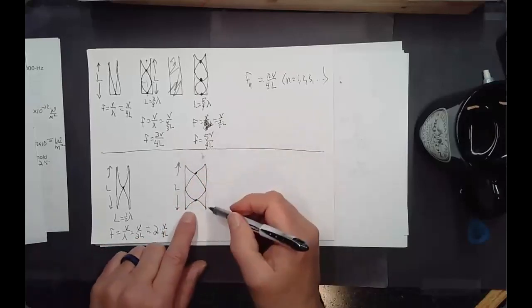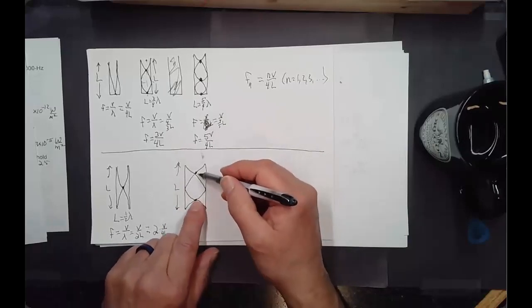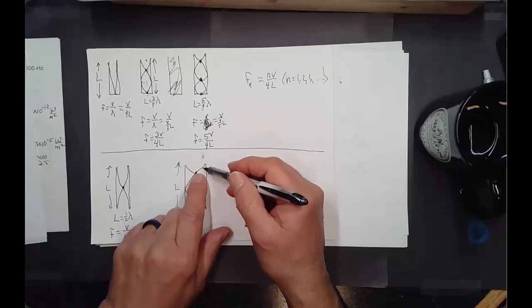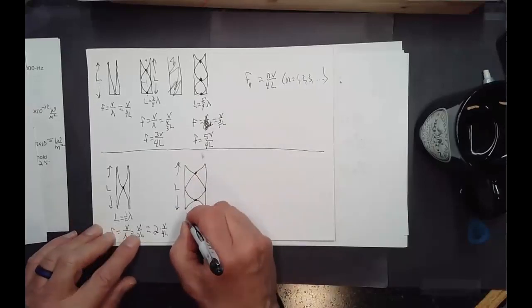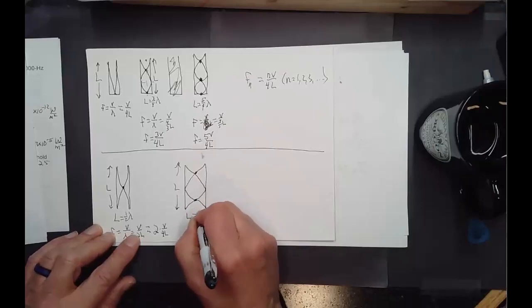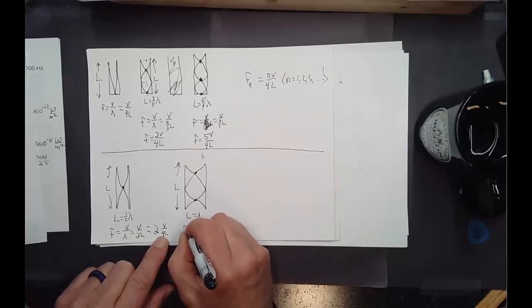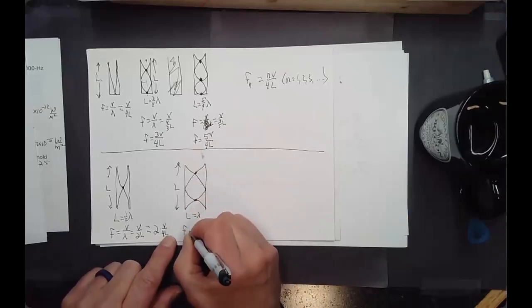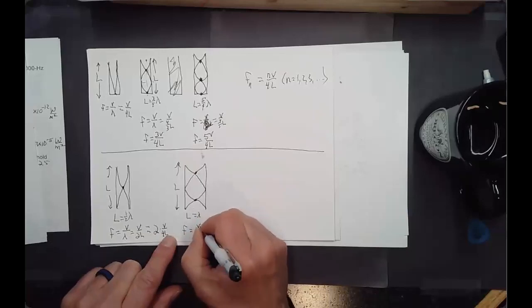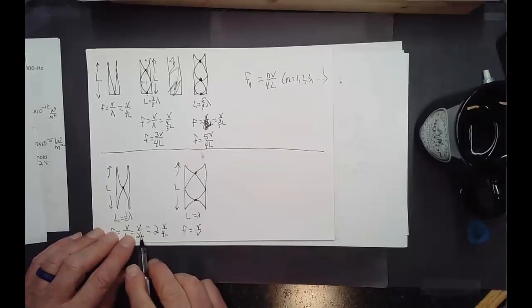But what I've got here now, I've got a fourth of a wavelength here, half a wavelength here, and another fourth of a wavelength. That adds up to one wavelength. So here, the length is equal to lambda, and the frequency that I'll get for this mode of oscillation will just be V over L, which is twice the frequency of that one.